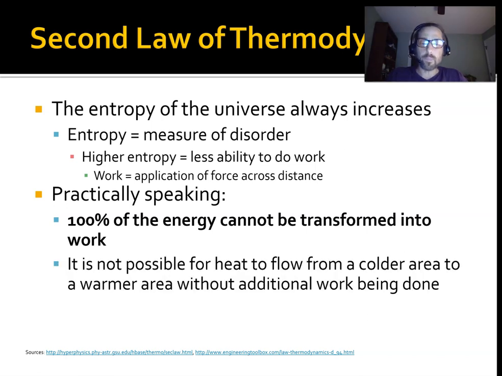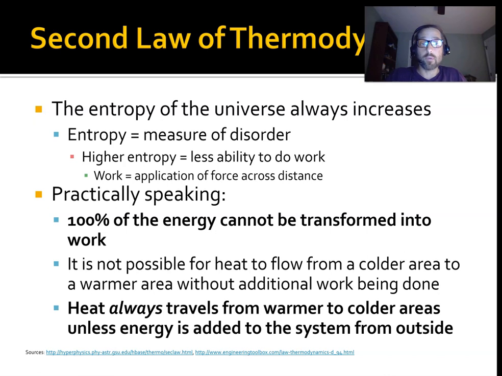And then the other really important part is that it's not possible for heat to flow from areas of colder to warmer without additional energy. So something to remember, really important, so you want to write this down: heat always travels from warmer to colder areas unless energy is added to the system from the outside.